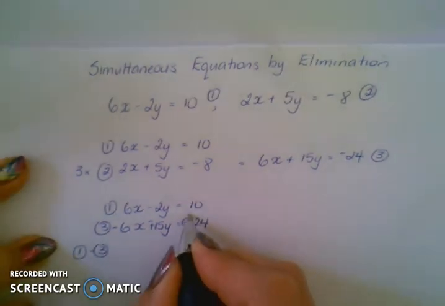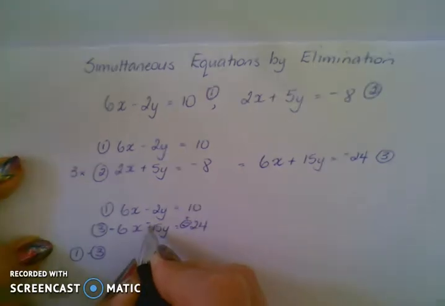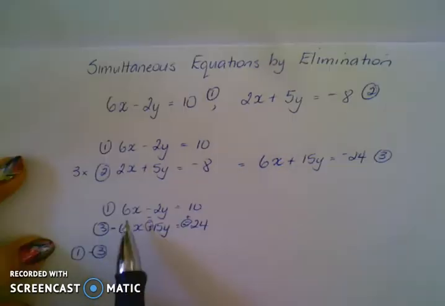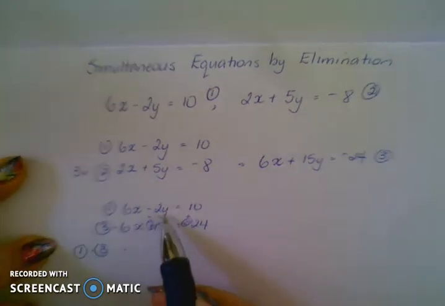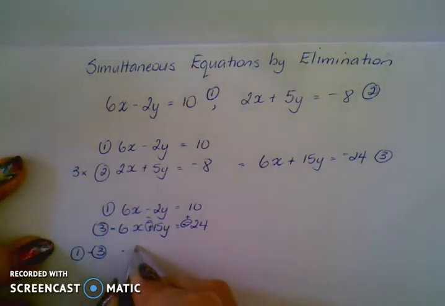Two negatives become a positive, and my positive and negative combine to create a negative. So I have 6x minus 6x, which becomes 0. I have negative 2y minus 15y, so overall that's going to give me minus 17y.